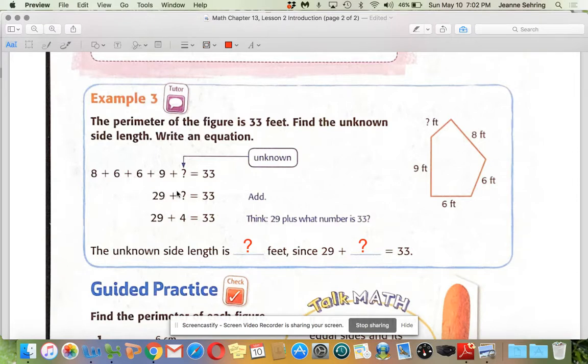And how many more do we have to go to get to 33? That number is the unknown that goes right here. 29 plus what equals 33? 29 plus 4 equals 33. The unknown side length is 4 feet, since 29 plus 4 equals 33.